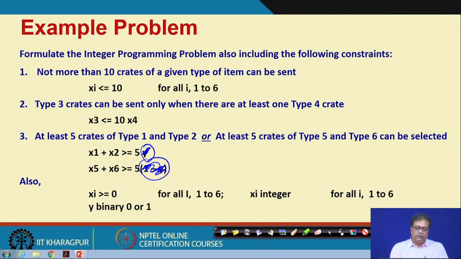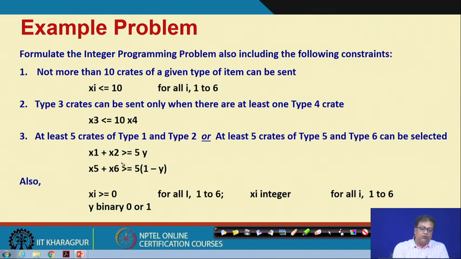So, that is where we can bring in our concept of binary variables, that is we multiply it with a binary variable y. If y equal to 0, then the constraint will be always satisfied, all right. That means you do not really need at least 5.